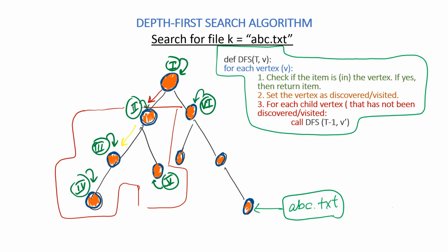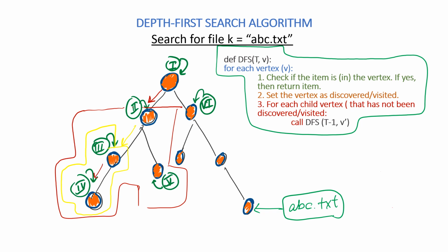I go left, and now I'm looking at this subtree which consists of vertex number 3 and 4. Do the same thing, check if the item's in 3, it's not in 3, and I go to 4. Sorry about that.